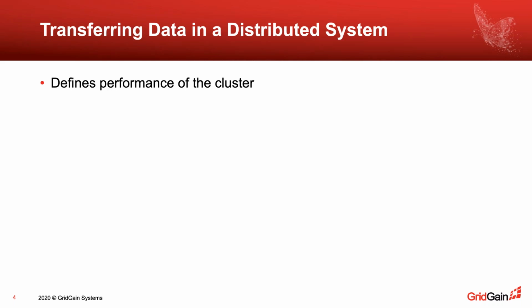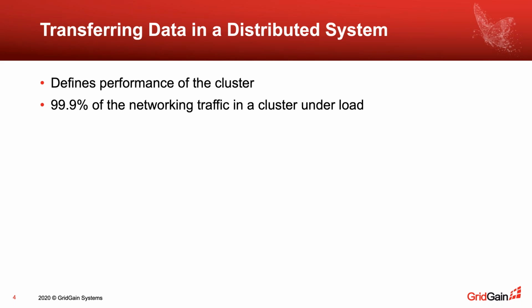So of course, transferring data is the key component, the core pillar of our distributed clusters, and it defines the performance of our system. And always all of the networking traffic that we have is the actual data, not system messages, not some signaling stuff.